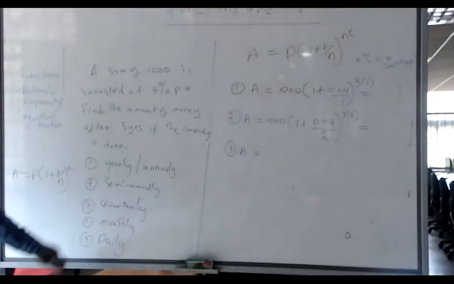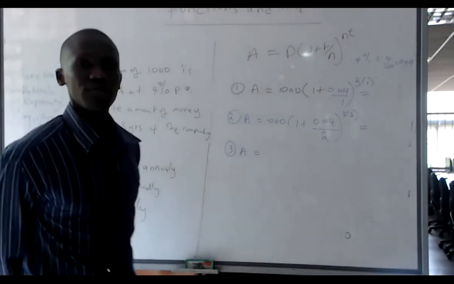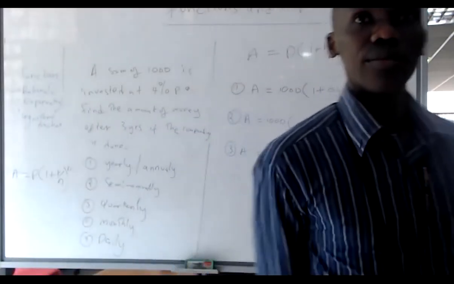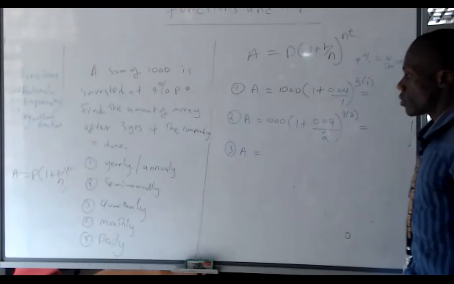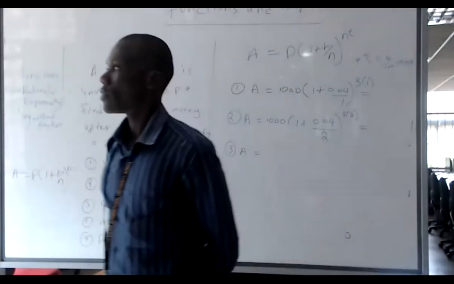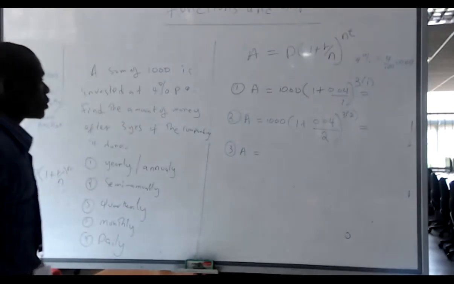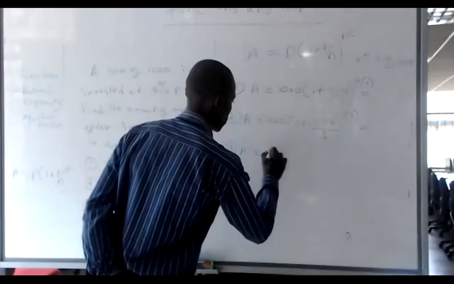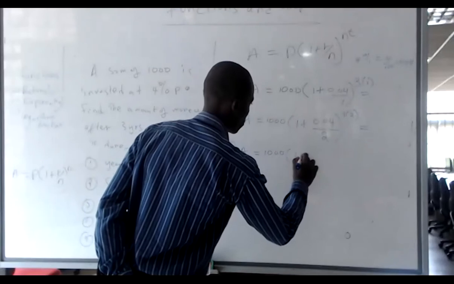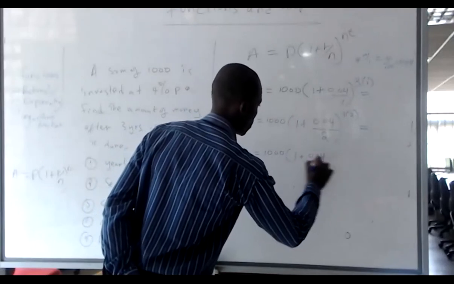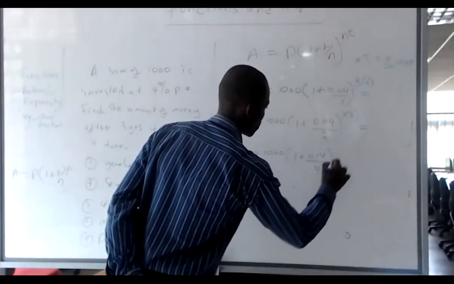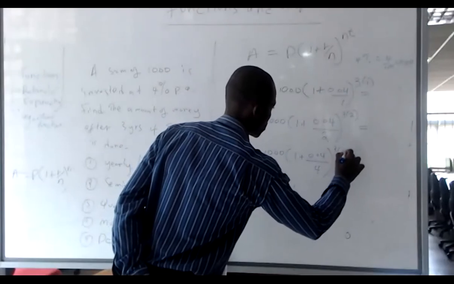So quarterly in a year, how many periods will you have? What's a quarter of a year? A quarter of a year is 3 months. So that means you'll have 4 periods. So we'll have 1,000 multiplied by 1 plus 0.04 divided by 4, all of this raised to 3 times 4.